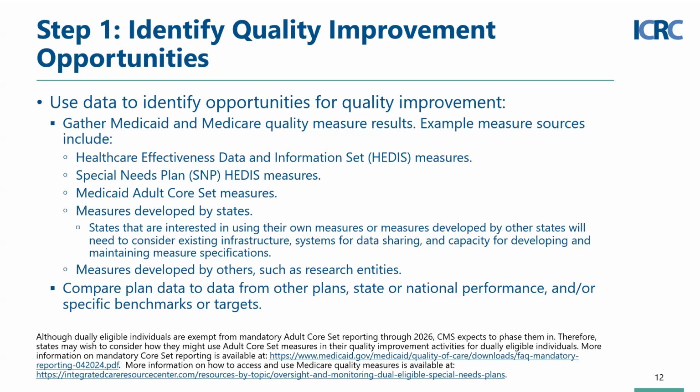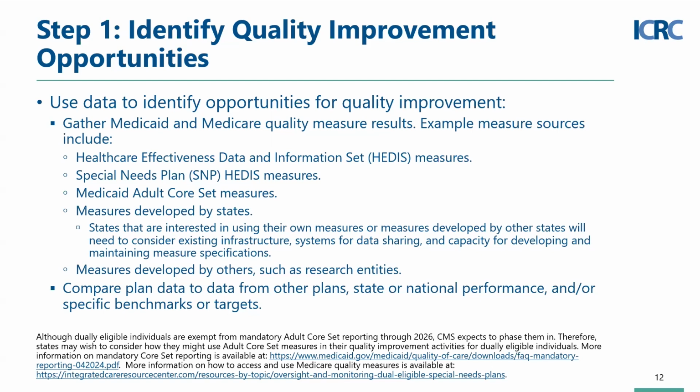In addition, states interested in using their own measures or measures developed by other states will need to consider the capabilities of their existing data collection and organization infrastructure, their data sharing systems, and their capacity for developing and maintaining measure specifications.